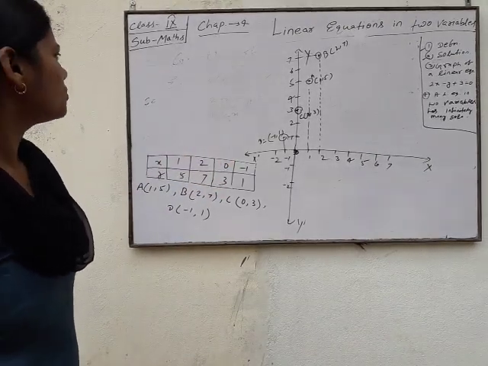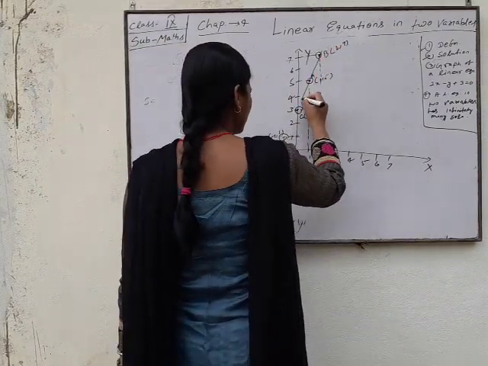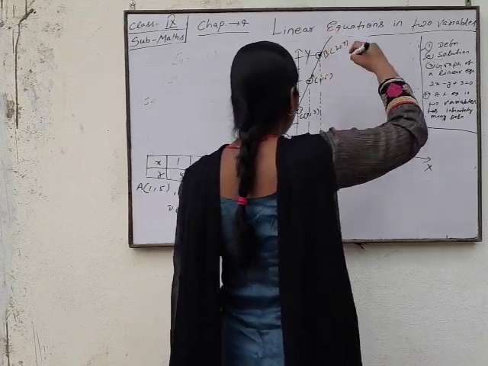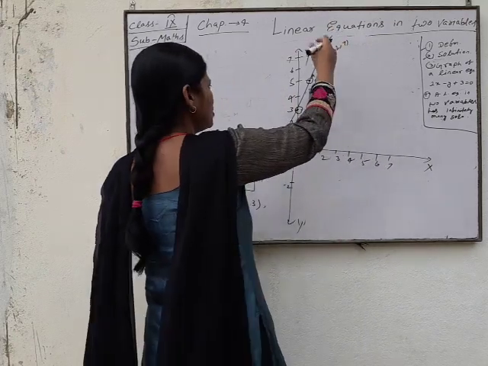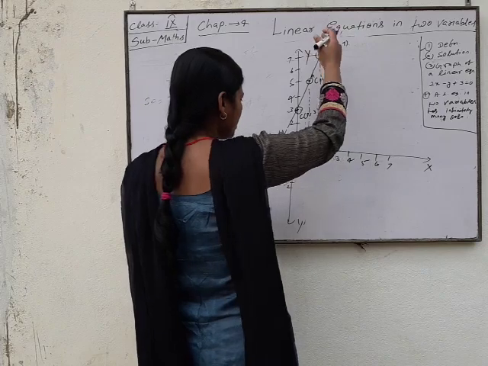Now join all the points. After joining all the points, you will observe that the graph of this linear equation is a straight line.